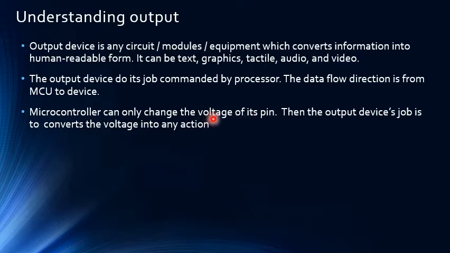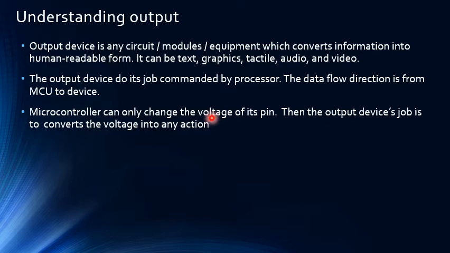I already showed you last week what the microcontroller looks like, and you can see there are many pins on the microcontroller. So the way microcontroller sends commands is just by changing the voltage of its pin, and the voltage itself is also clearly specified. If it's not 0 volt, then it will be 5 volt.